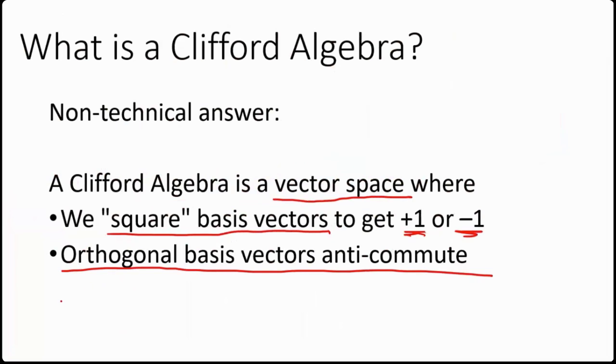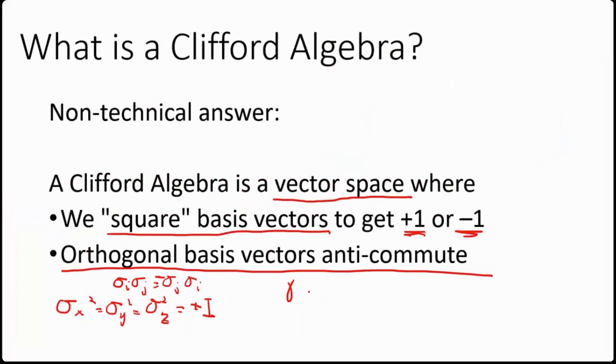If you remember the sigmas, those all square to the positive identity, and they also anti-commute, so sigma i sigma j equals negative sigma j sigma i.